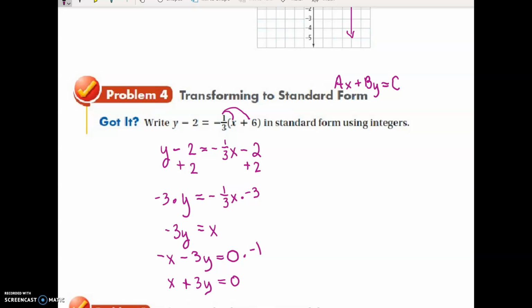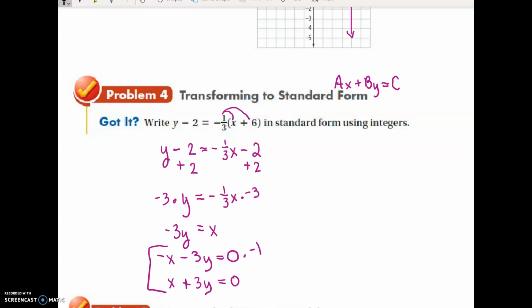So some teachers care, but if you had your solution like this for me, I would be fine with that. But now it is in standard form using integers, which are negative, positive, whole numbers. So it does require you to think a little bit about your equations and how you solve equations, but we're just transforming it to get into standard form.